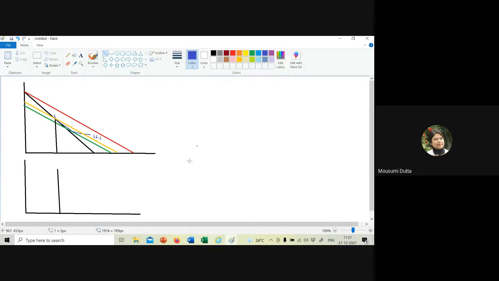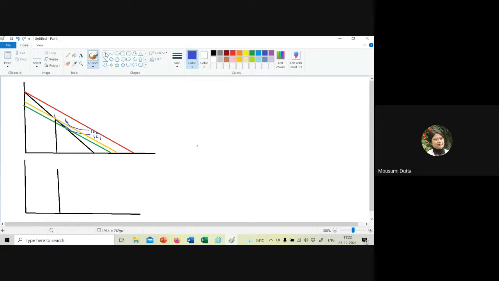Now when I draw the IC, the point of tangency will be to the left of Q. So be careful about this. This is IC2.